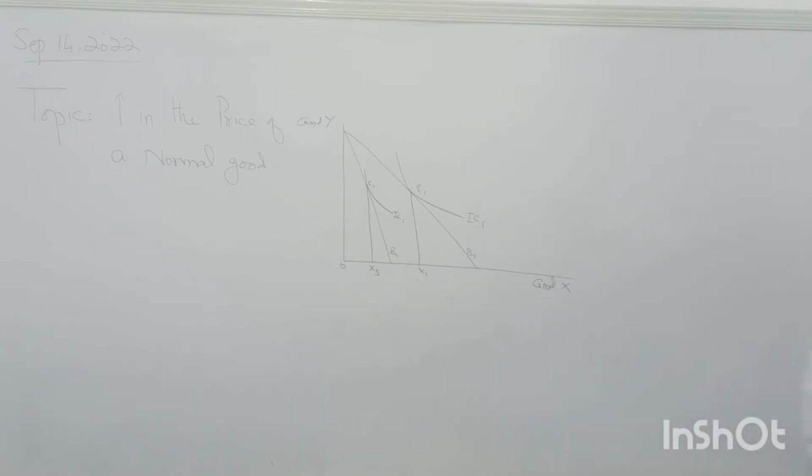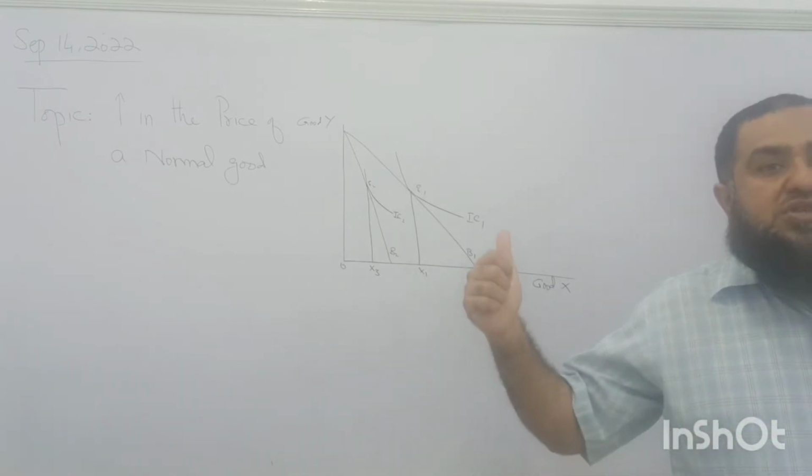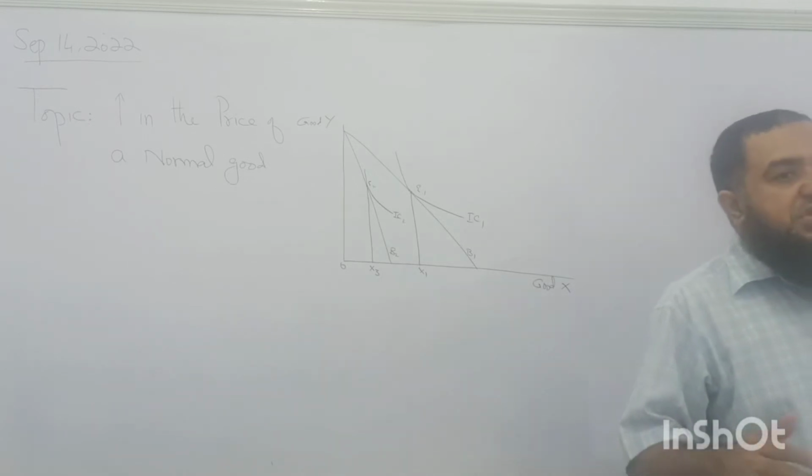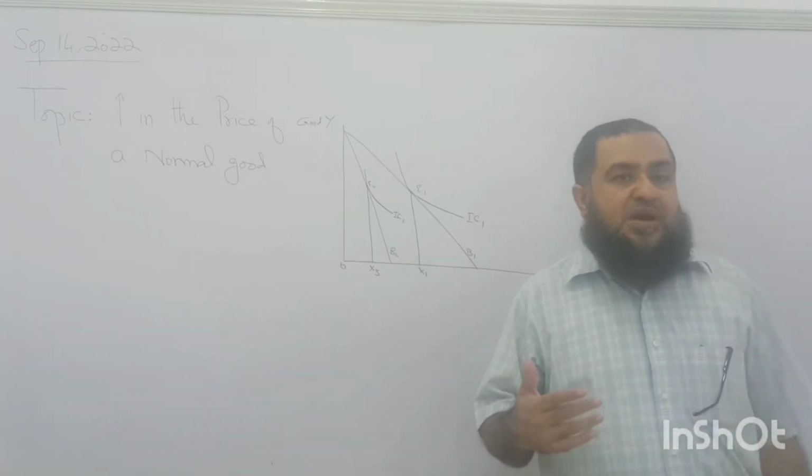It is not going to change. Only due to the change in price, his real income or real purchasing power of income will change. So in this case, the price of X is increasing. Therefore, his real purchasing power of income has decreased. Within the same income, he or she is able to afford fewer units of both goods.